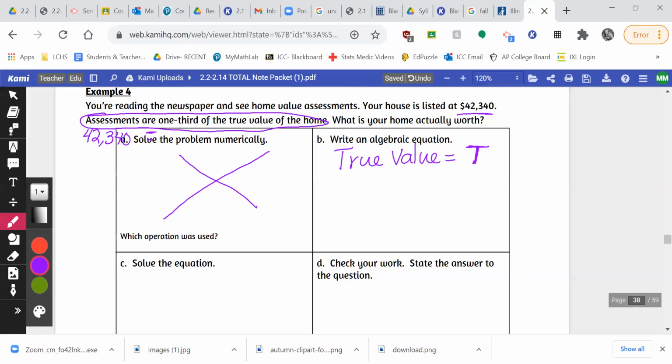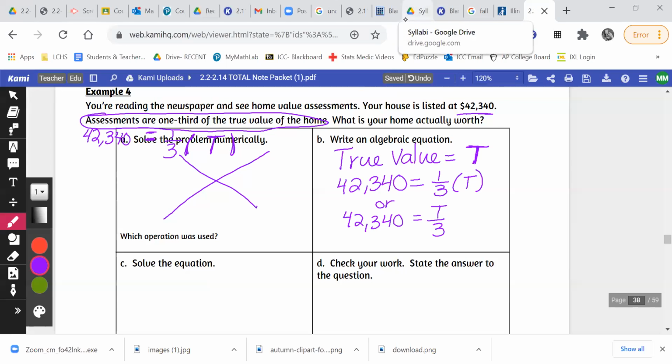So "is" means equals, 1/3 of, which means to multiply, the true value of the home, which we identified as T. So I'm just going to write that equation. 42,340 equals 1/3 times T. You can write it that way, or you can write it as T over 3.